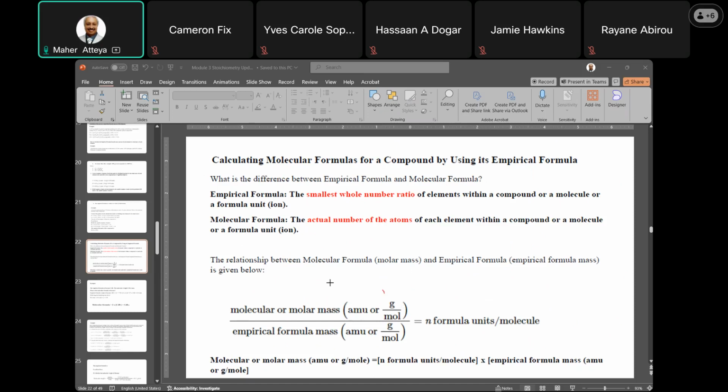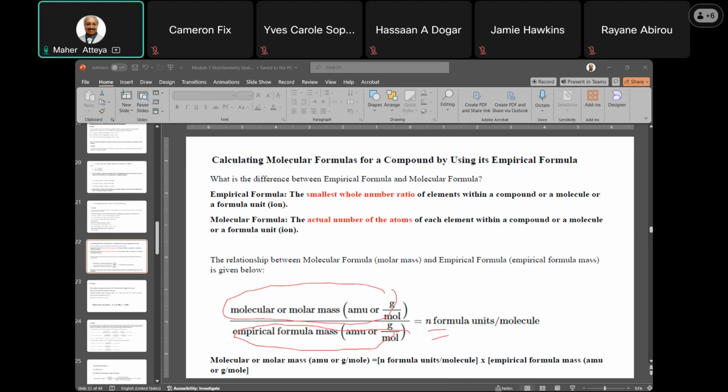So with the help of the molar mass of the whole molecule and the molar mass of the empirical formula, you get a value of N. This is just the ratio between the molar mass of the molecule, which is a true ratio, divided by the molar mass of the empirical formula, which is the reduced ratio.